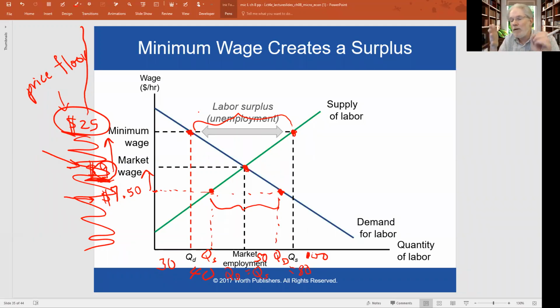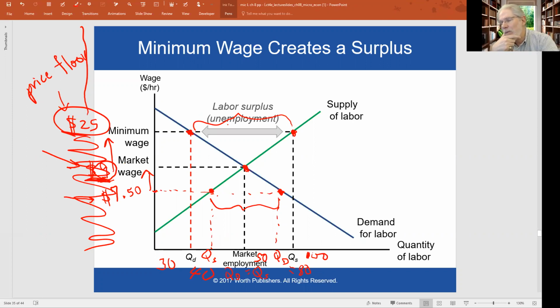Here, when we're talking about labor, it's the surplus of labor. So that means you have that many unemployed workers, people willing to work who can't find a job. Now, remember I said that when we're in equilibrium, you're always going to have some unemployed workers who are between jobs. They just haven't found a job yet.